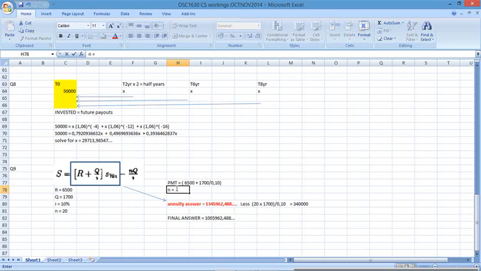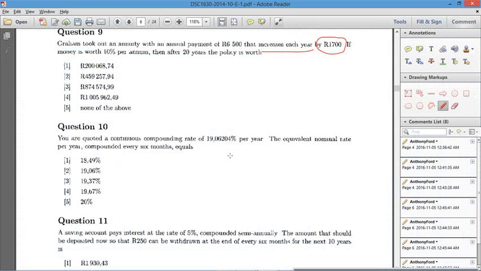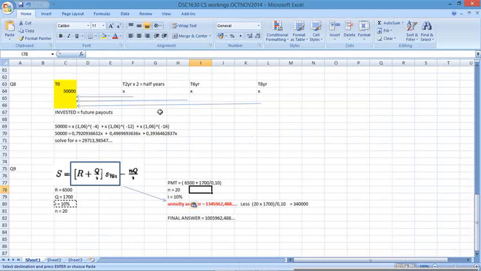The n in this particular question was 20, and the I was 10%. Coming back to the question, it's an annual payment and the rate was per annum, so you don't have to convert anything. You just solve and then subtract the n times the q over the I.